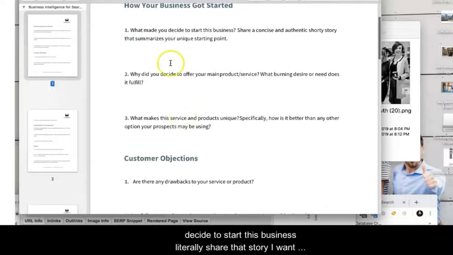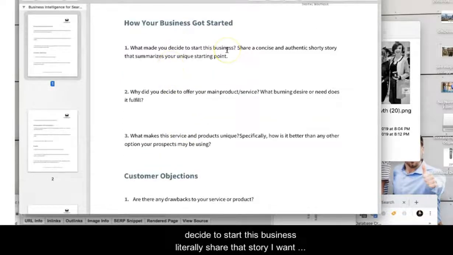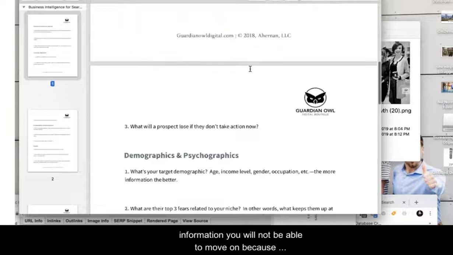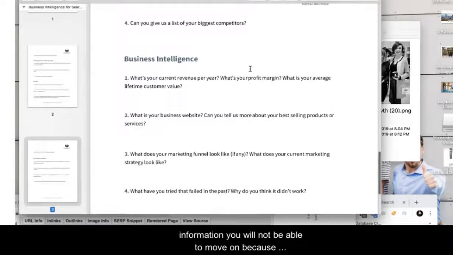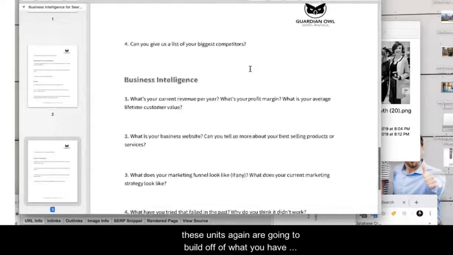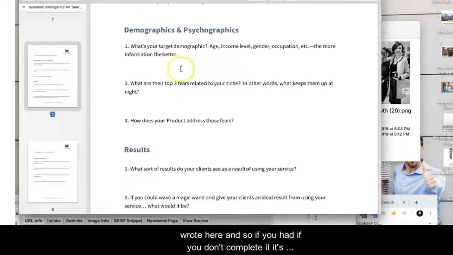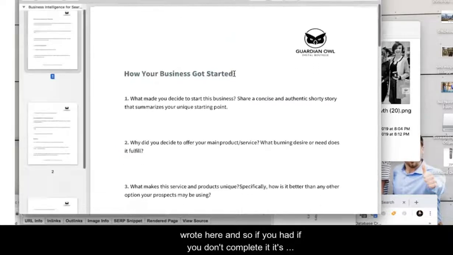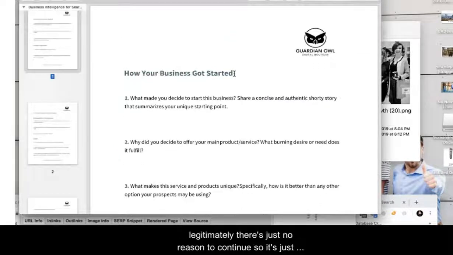So it comes down to, okay, what made you decide to start this business? Literally share that story. I want you to write it out. And if you don't complete this information, you will not be able to move on, because these units are going to build off of what you have written here. If you don't complete it, there's just no reason to continue.